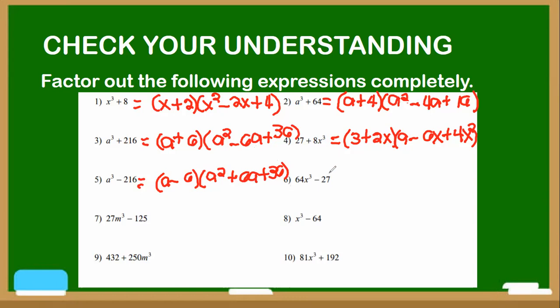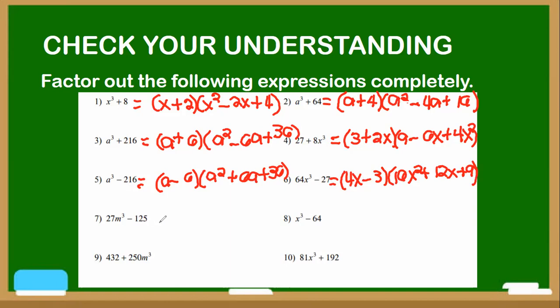For number 6, the factors of 64x cubed minus 27 are 4x minus 3 multiplied by 16x squared plus 12x plus 9.